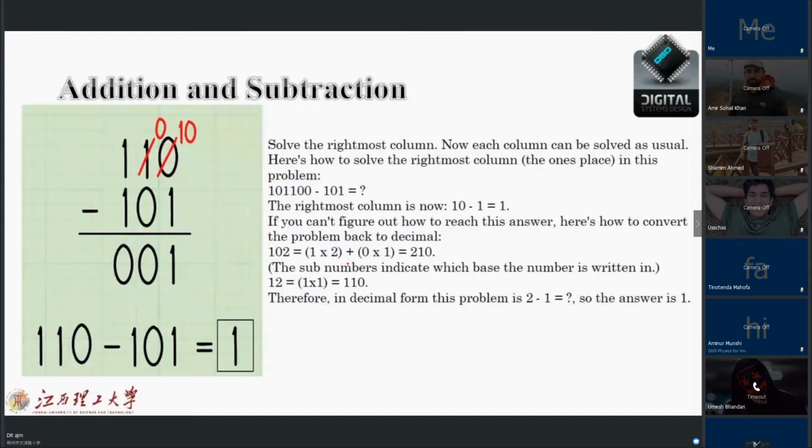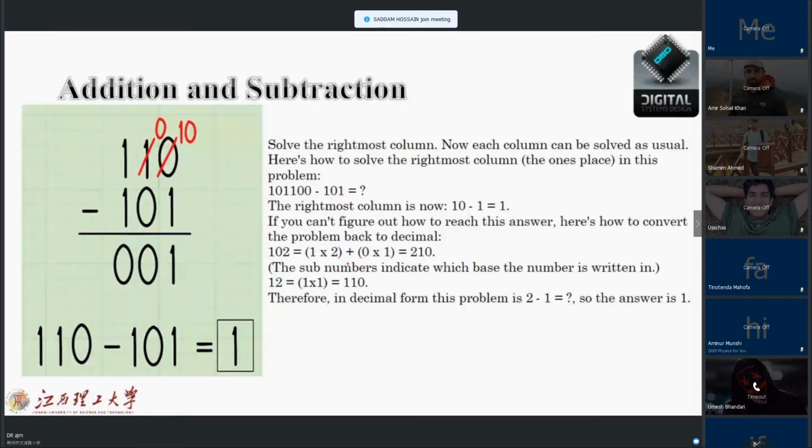I should take the borrow. It should become 10, and I should cut and take the value from the next part, and that part should become 0. Then 10 minus 1 is 1. Next part is 0. Now it has become 0. 0 minus 0 is 0. And 1 minus 1 is 0. So 001. Then we will see that the answer is 1.